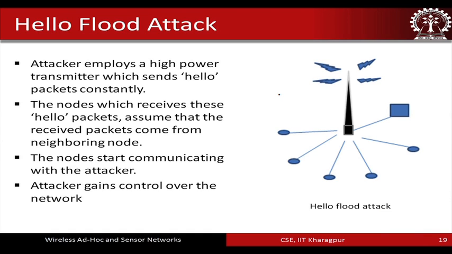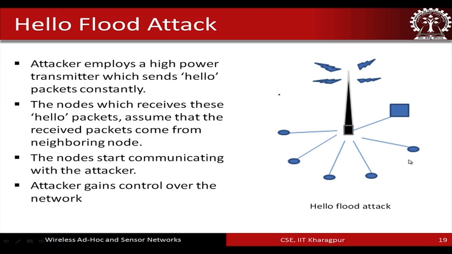Halo flood attack is like this. What we have is a high power transmitter which successively sends the halo packets at a very high power, and the nodes in close proximity receive the halo packets and assume that these are coming from a legitimate neighboring node.